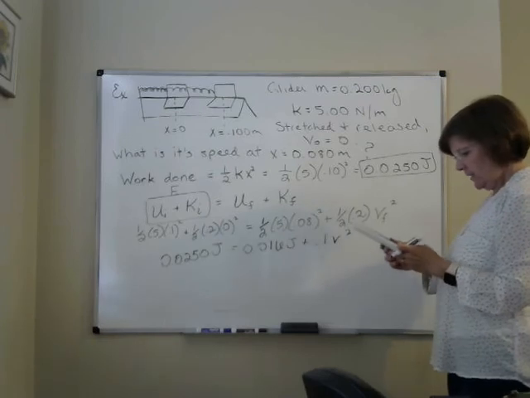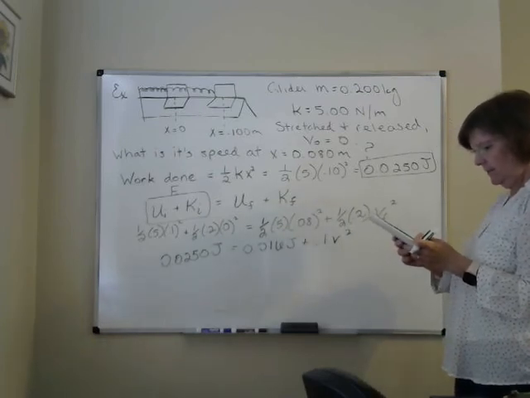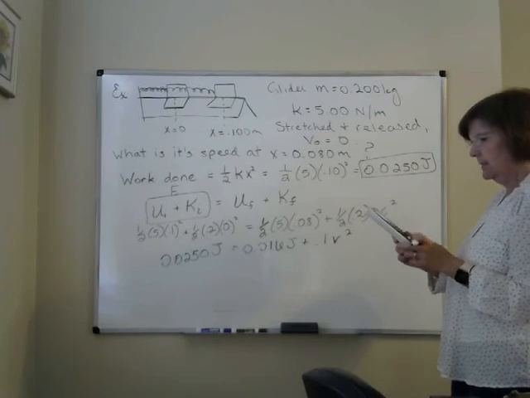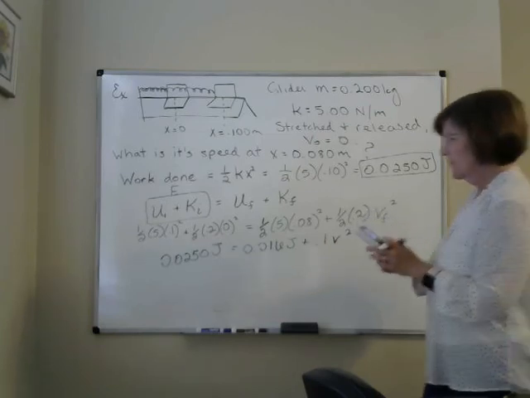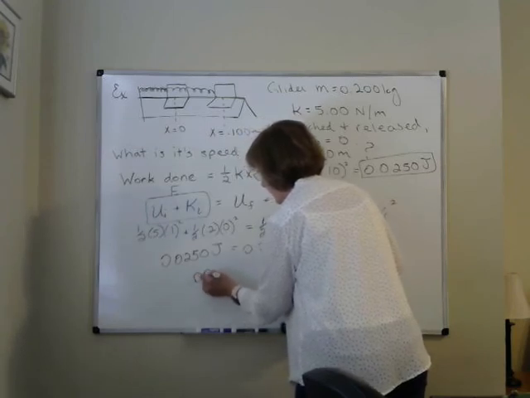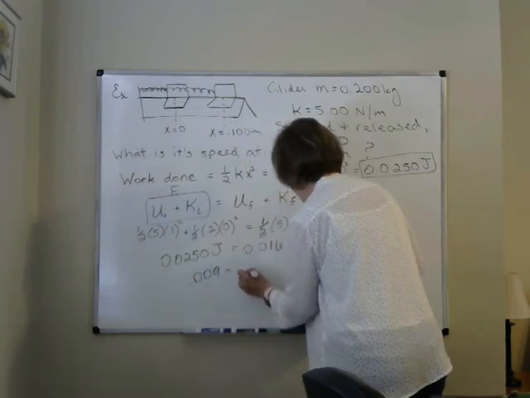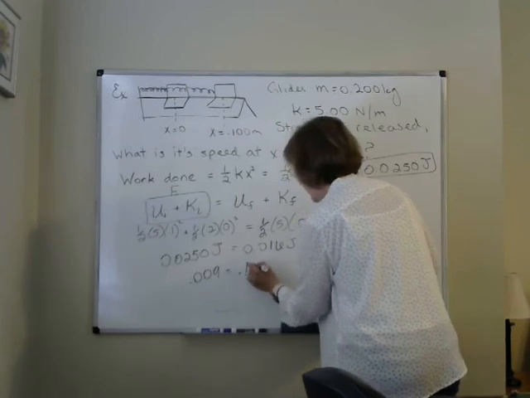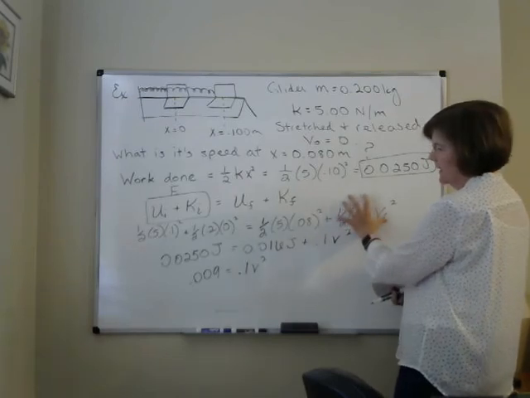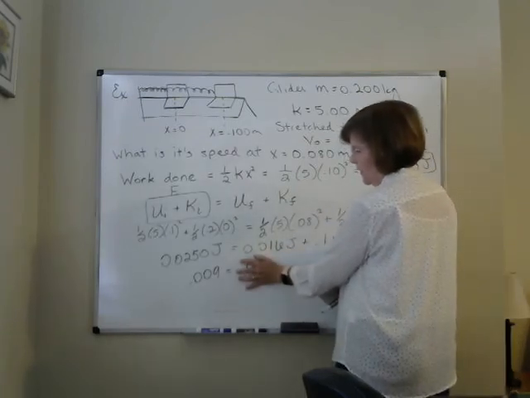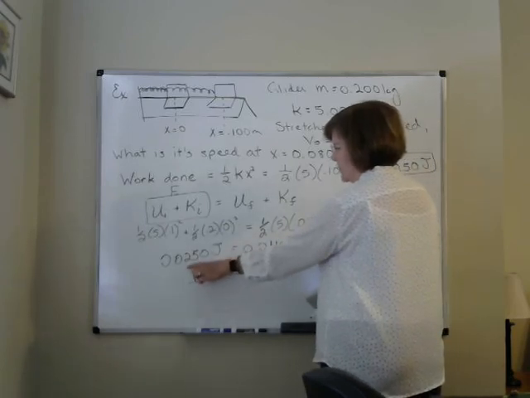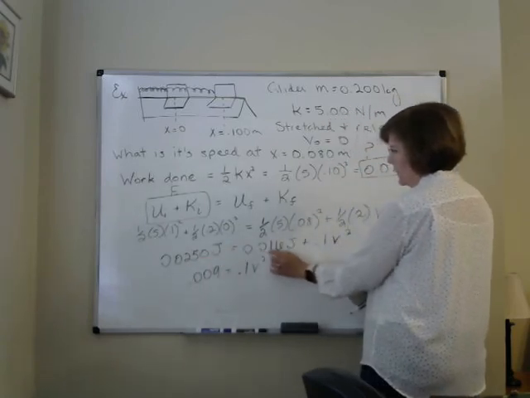If I do 0.0250 minus 0.016, I get 0.009 equals 0.1 v squared. Notice all this is saying is that this whole kinetic energy has to equal 0.009. It has to make up the difference. I had 0.025, now my potential is 0.016.